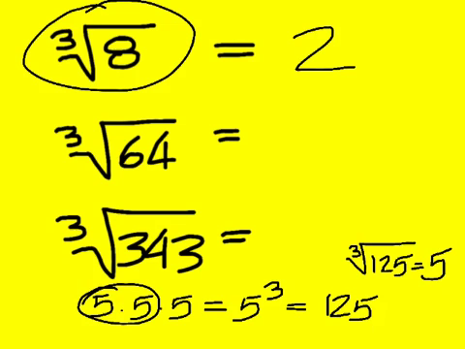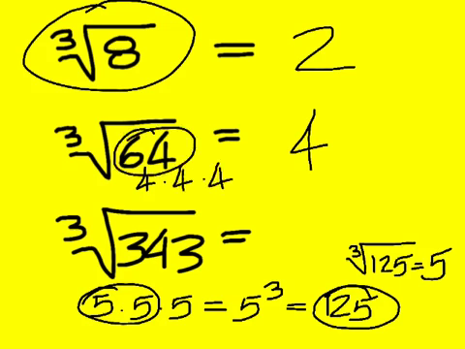So now 64, I need to find a number that you multiply by itself and then by itself again to get 64. 8 times 8 is 64 already, so that would be too high. So it's lower than 8. We already know what 5 is. 4 is the answer because 4 times 4 is 16, times 4 is 64.